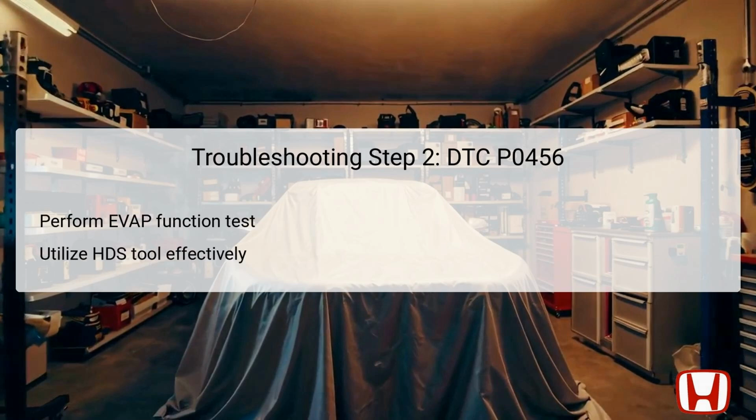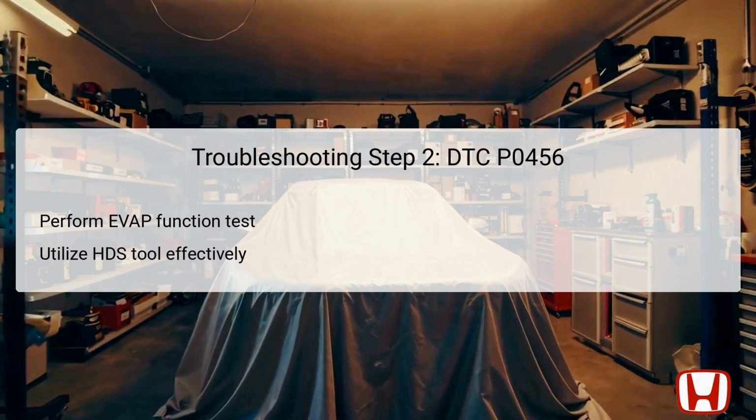Once any visible leaks are accounted for, the next testing phase involves performing an EVAP function test using the Honda Diagnostic System (HDS) tool. During this test, the technician will evaluate the performance of the EVAP system under controlled conditions.